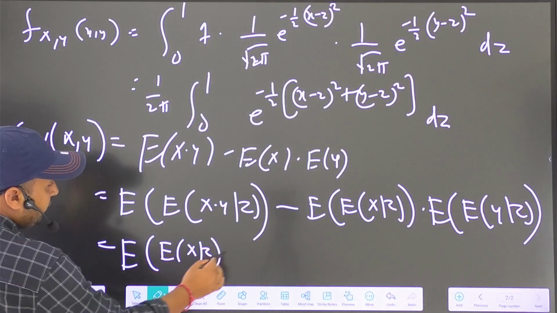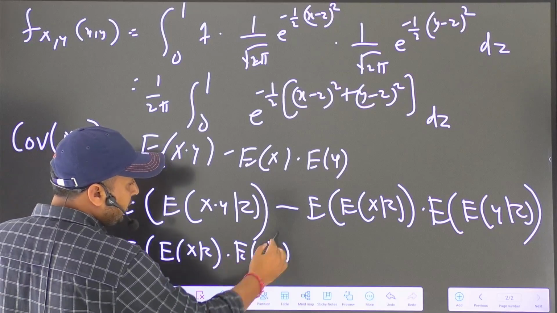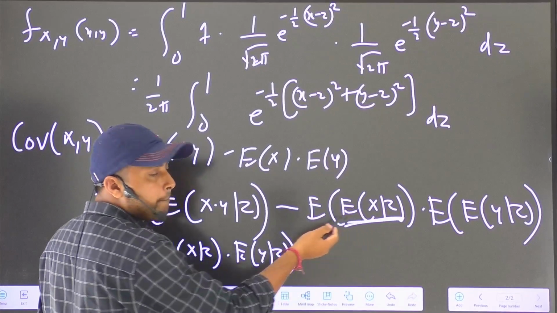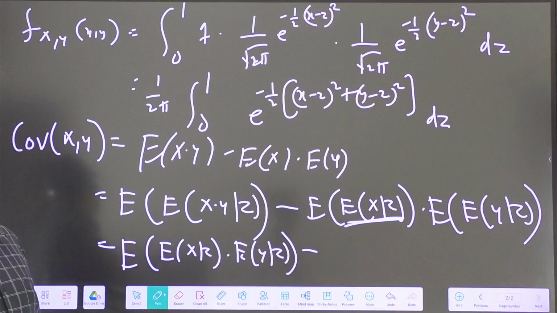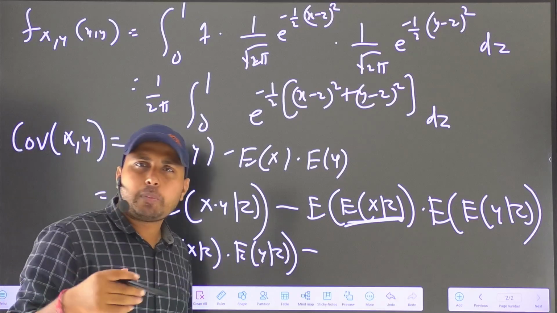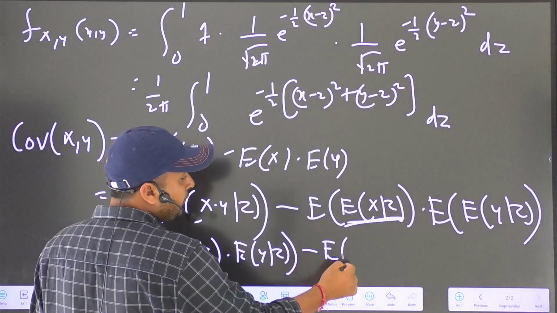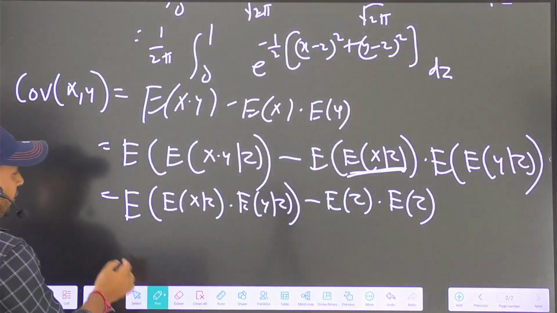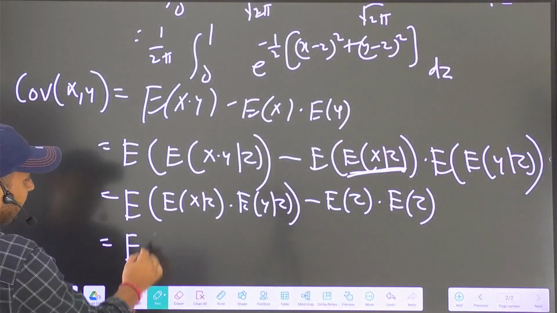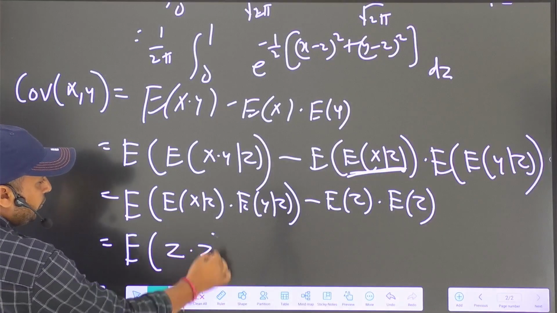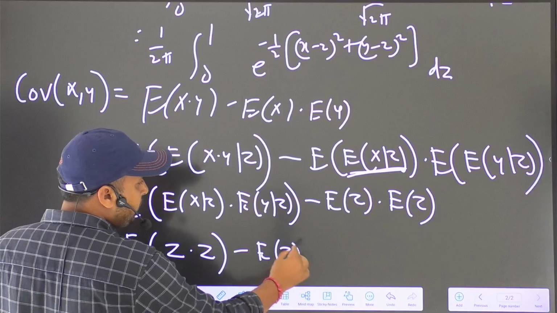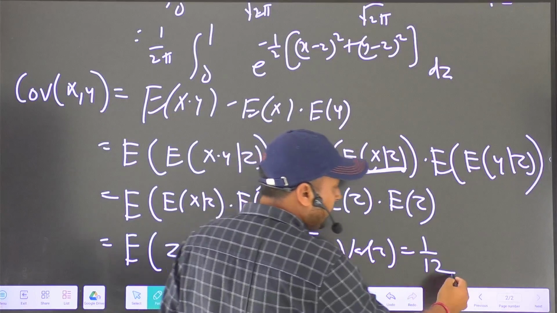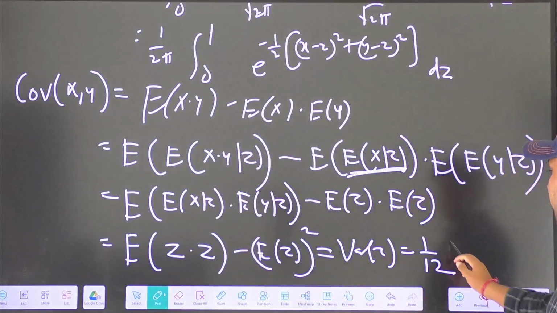So it will be E of x given z here and E of y given z there. Since x given z is normal with mean z and variance 1, the mean will be z. So now the expectation is z into z, minus the expectation of z whole square. This is the variance of z, which is 1 by 12. This is a better way. This is positive.